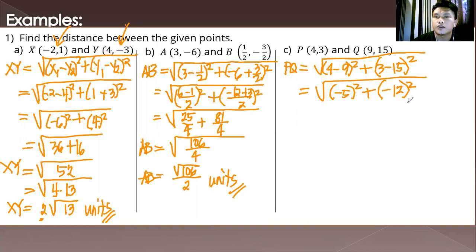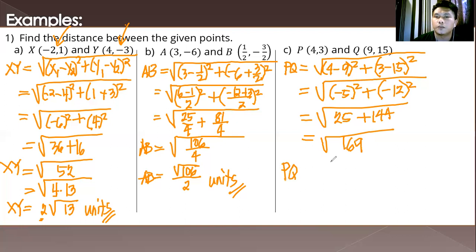Okay, so that is the square root of negative 5 squared is 25 plus negative 12 squared is 144. So 25 plus 144 is 169. Getting the square root of 169, we have the distance of PQ, which is 13 units.